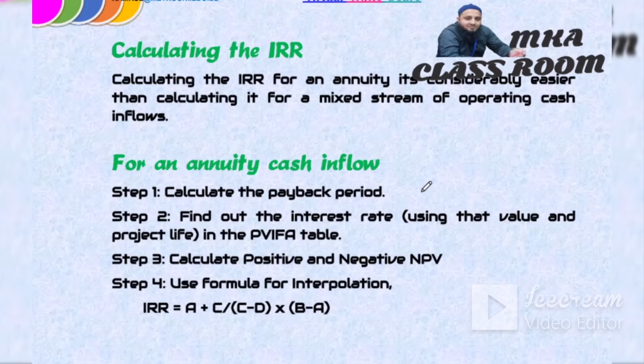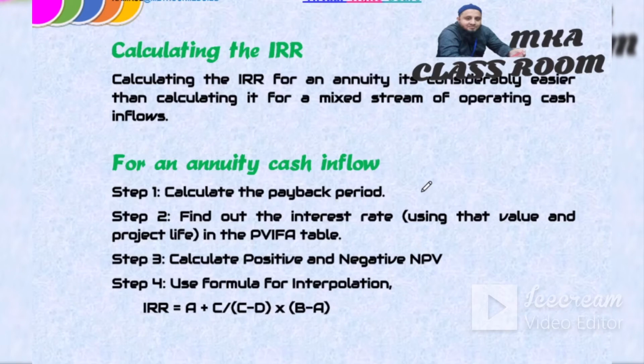So using these two values with the project life in the present value interest factor annuity table, if the project life is 5 years, then you search in the 5-year period where the value is 2, say 10% has the value of 2. So we will discount those cash flows with this 10%.